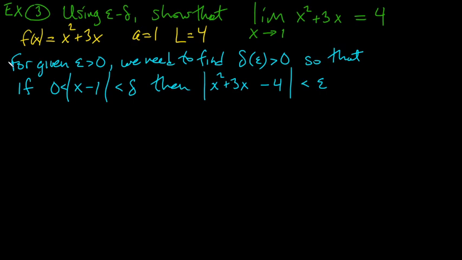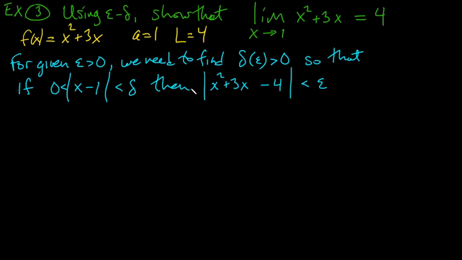Remember how this works: we're going to have to pick some delta, depending on epsilon, that will guarantee that our f of x is within epsilon of L. By playing around with this, we should be able to figure out what delta needs to be in order for that to happen.